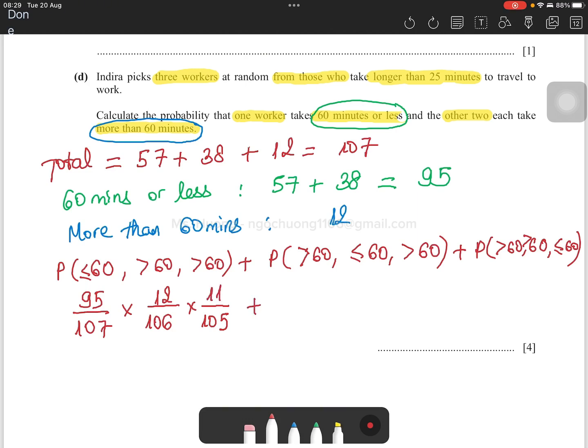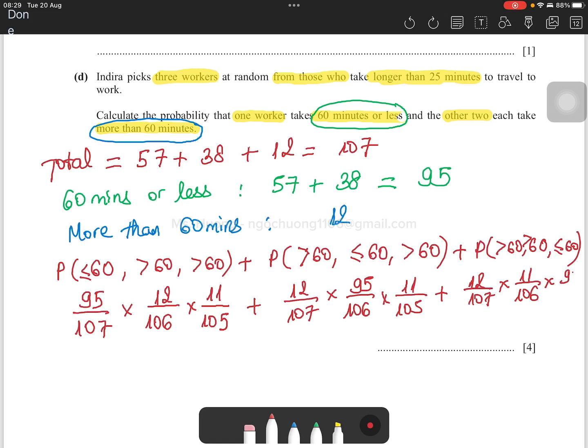For the second case, we do the same thing here. More than 60 minutes is 12 out of 107. Multiply by 60 minutes or less, 95 out of 106. And finally, this is 11 out of 105. Or more than 60 minutes, 12 out of 107. Multiply by 11 out of 106. Multiply by 60 minutes or less, 95 out of 105.